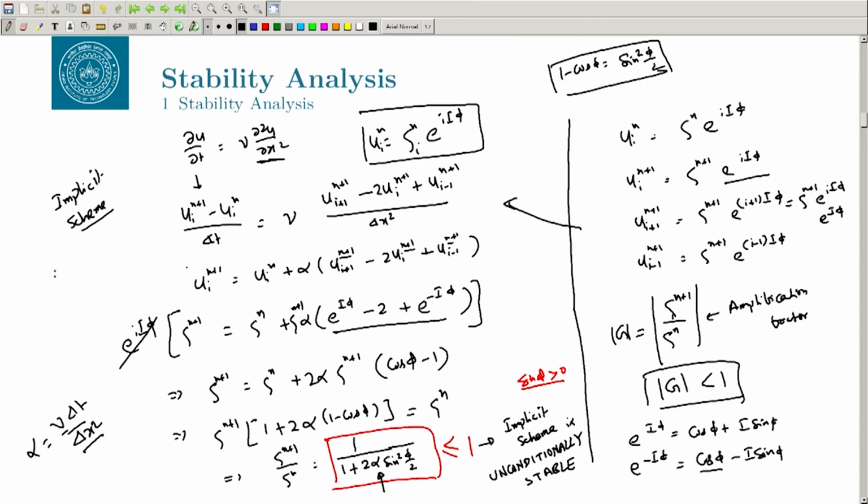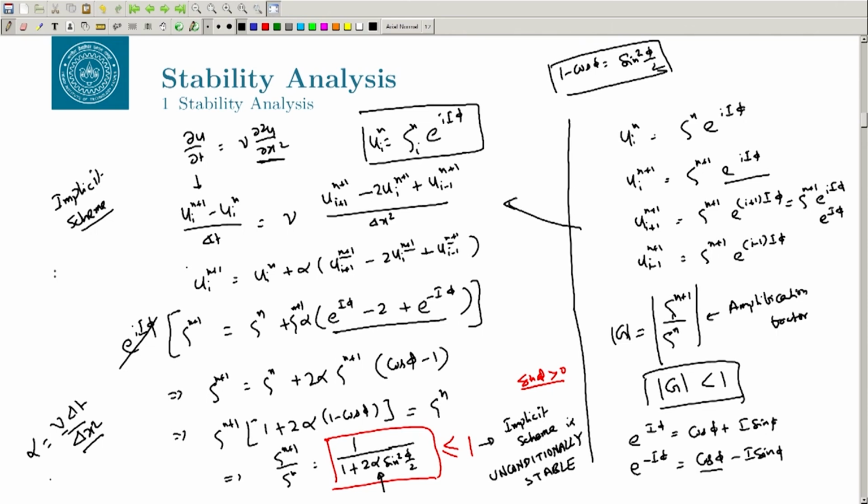If nu is negative, okay, then we have to be a little bit careful, because you will see that this term 1 plus 2 alpha sin square phi by 2 will become less than 1, and then zeta n plus 1 by zeta n will become greater than 1. So, then it will basically blow up, right.